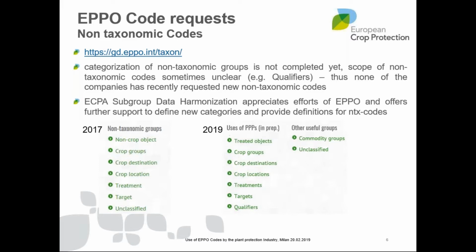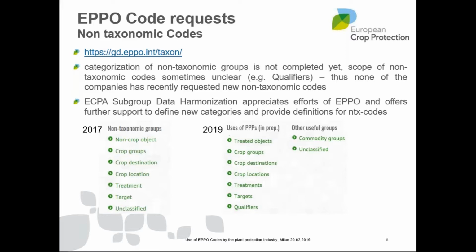People didn't know, would it be a non-taxonomic code, or doesn't it apply to one of these categories? So it is like waiting for the categorization to be finished, and then maybe there will be some additional requests.